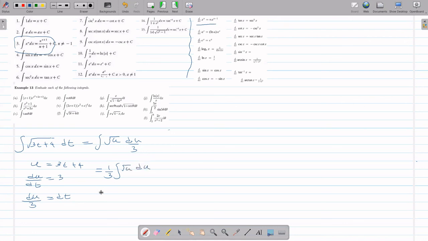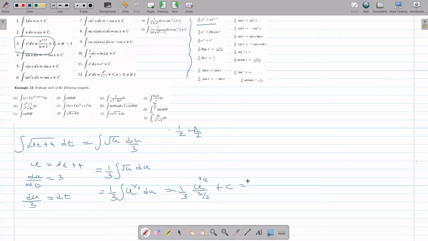Okay. So this integration, I can arrange it to look like u to the half. You know, u to the half, I can again use this rule. n is half, n plus 1, so that is 3 over 2. So I get 2 over 3, no? Here I have 1/3 u to the 3 over 2 plus c.